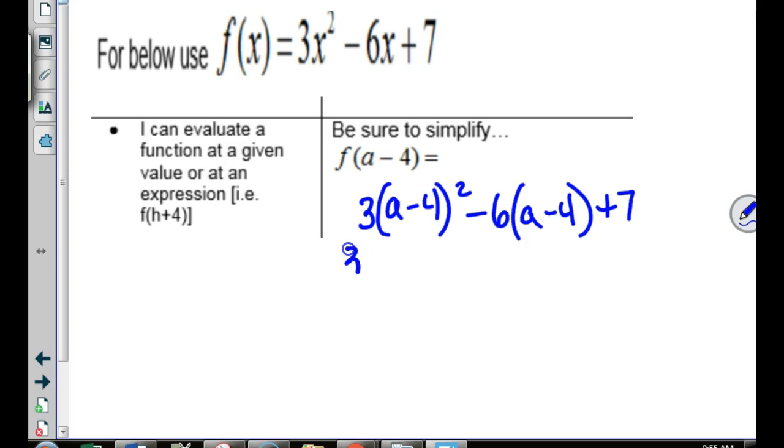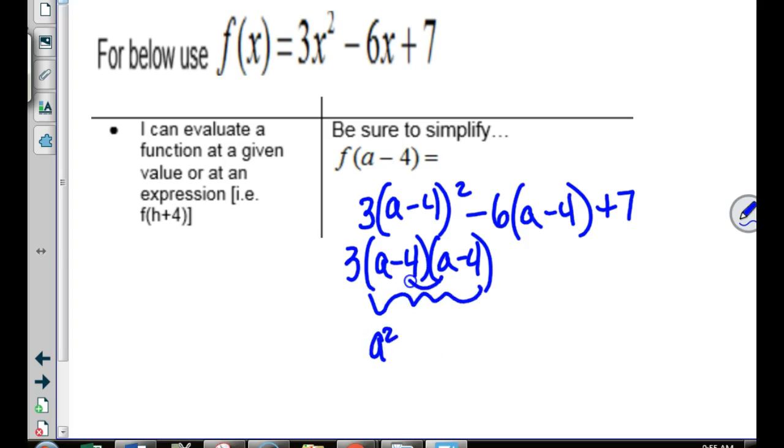All right, so we do have to distribute and FOIL in whatever order you want, guys. If you FOIL this together first, you get a squared minus 4a minus another 4a and a plus 16.